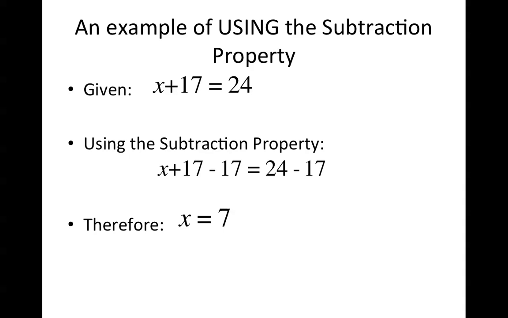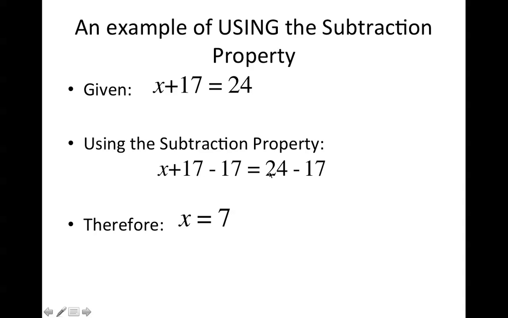Here's an example of how we could use the subtraction property. Say we have this equation, x plus 17 is equal to 24. We want to solve this equation, which means we want to tell the value of x. So to use the subtraction property to solve it, we'll subtract the number 17 from both sides of the equation. Now, if you simplify this side of the equation, we'll start with x, add 17 and subtract 17, and that leaves us back with x.